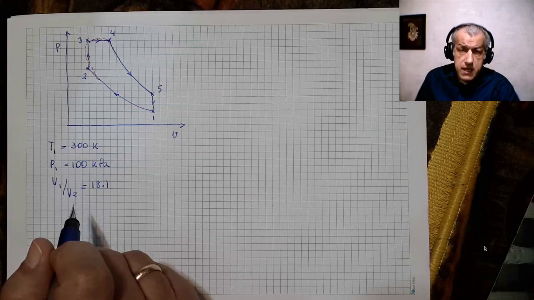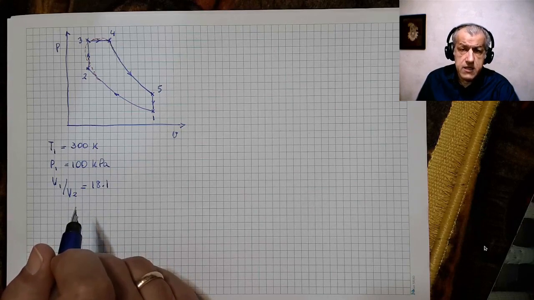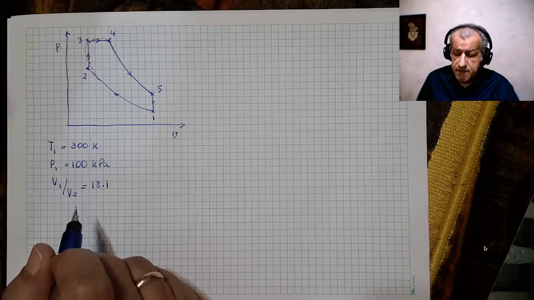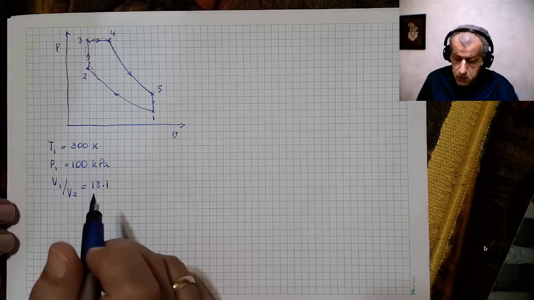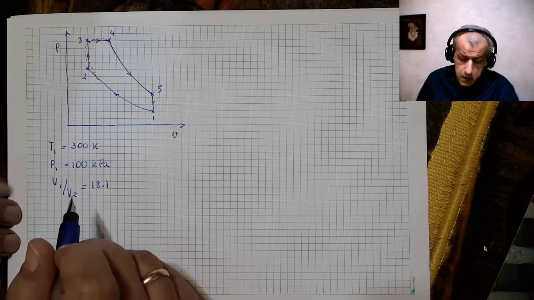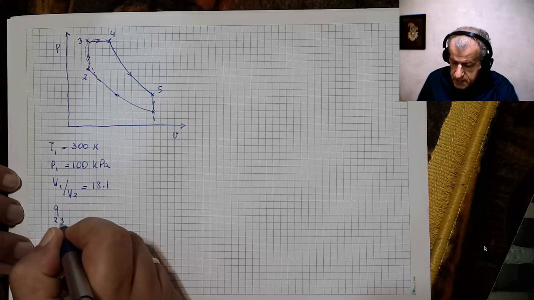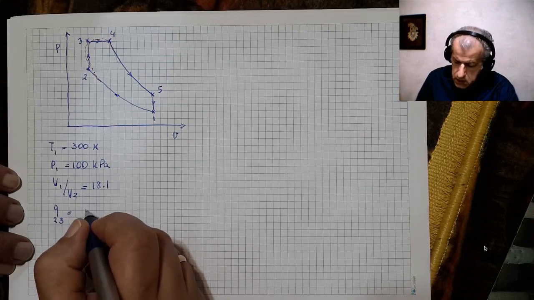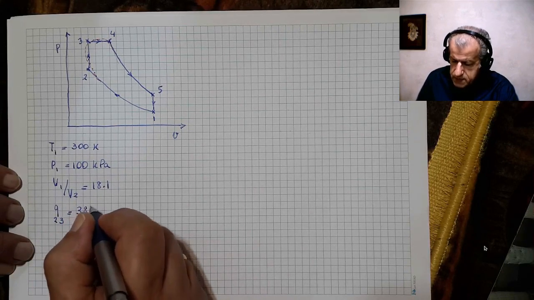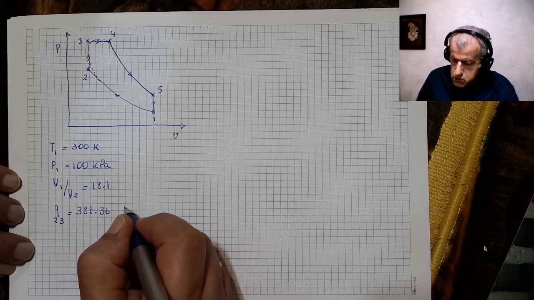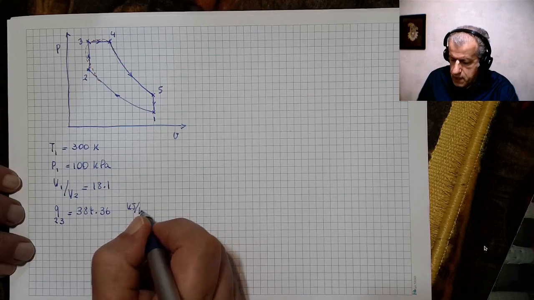Process 2-3 is basically heat addition, and it depends on the amount of fuel that is available inside the cylinder. So what we say about it in this problem is that Q23 equals 384.36 kilojoule per kilogram.